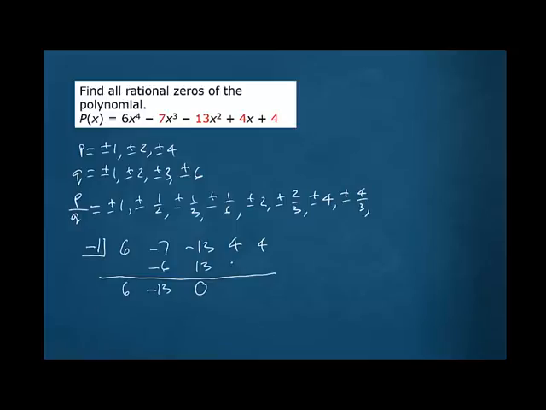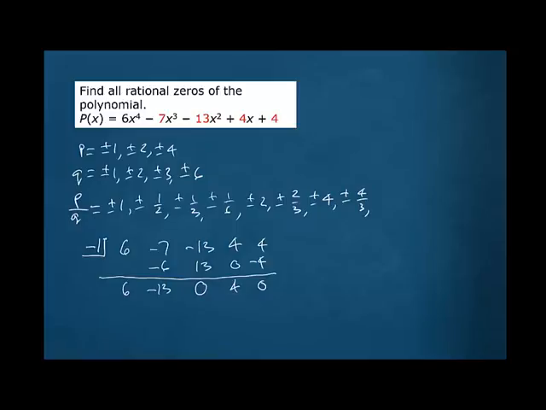Multiply -1 by 0, and that gives us 0. 4 plus 0 is 4. And then -1 times 4 is -4. Add, and that gives us 0. Now the remainder theorem tells us that this value here is the remainder whenever we divide this polynomial by x minus whatever number we put in the box.